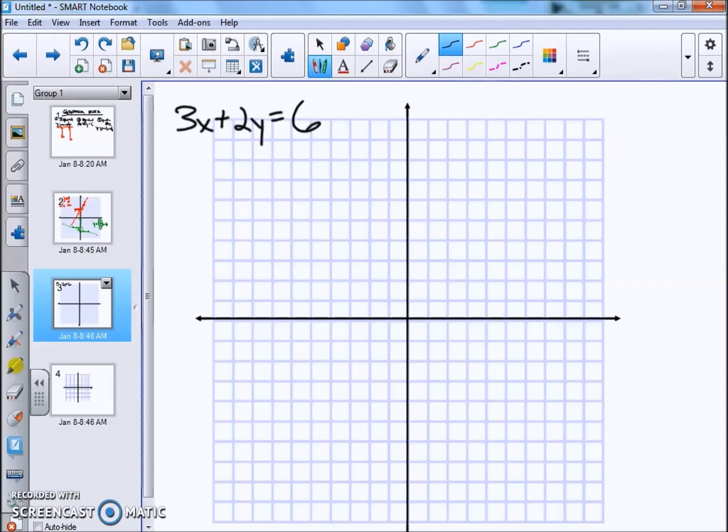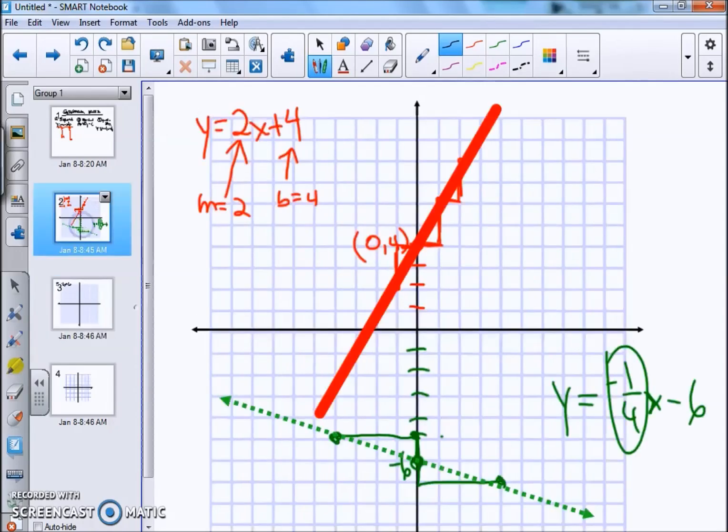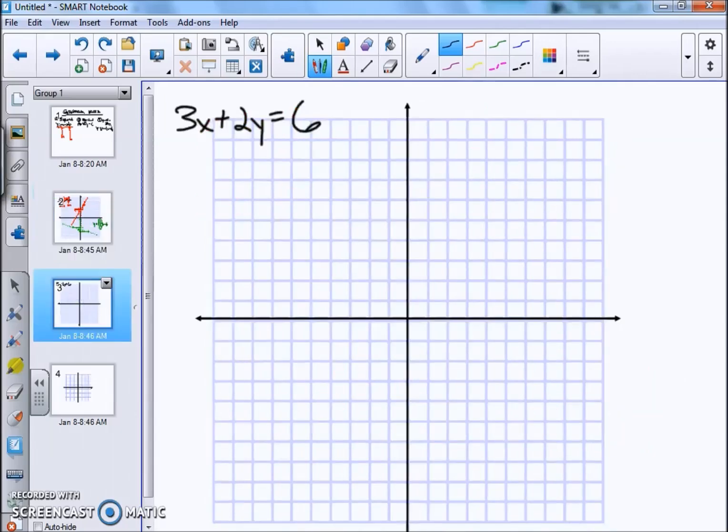I'm going to make it easy. So how could we use what we just did? We would need it in slope-intercept form, so that's a way to practice converting. We could convert this to y equals mx plus b and just do what we just did. That's fine. But here's a second way.